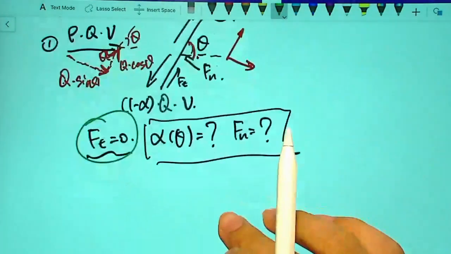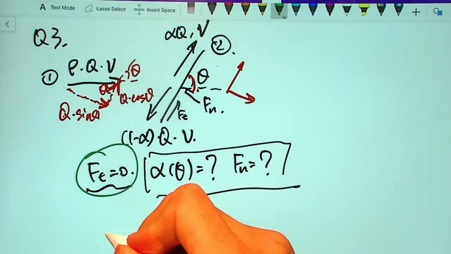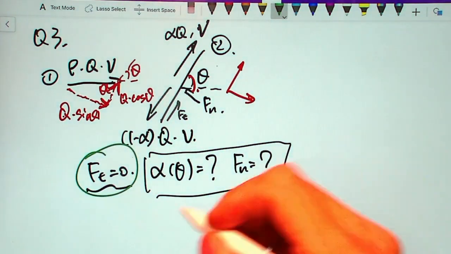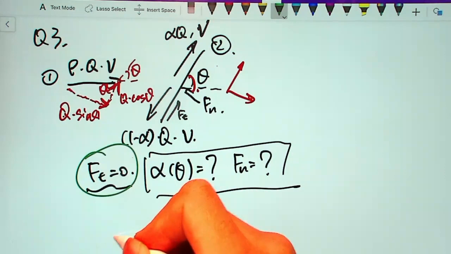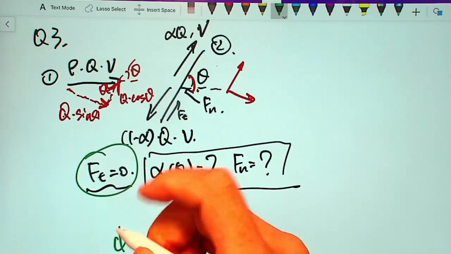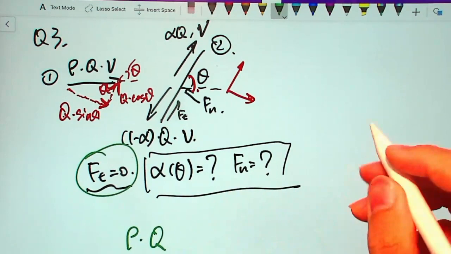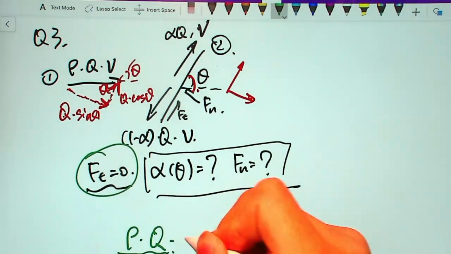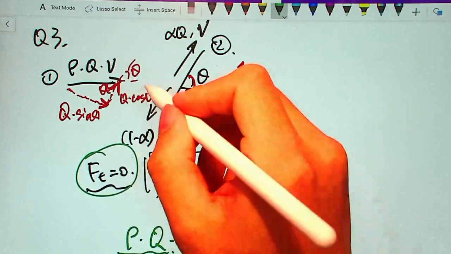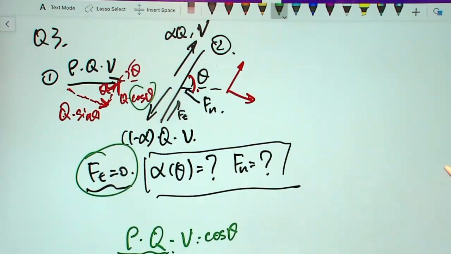We can say that in the tangential direction we have the incoming flow with a momentum equation, with a momentum as density times volume flow rate. So this gives you the mass flow rate, and then times velocity. And then don't forget this cosine theta, times cosine theta.